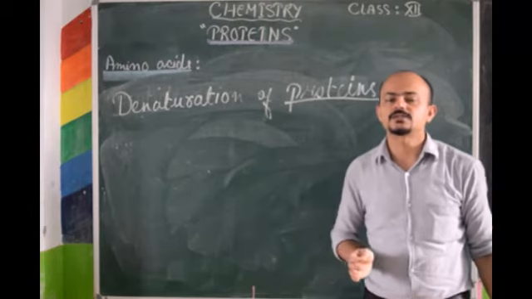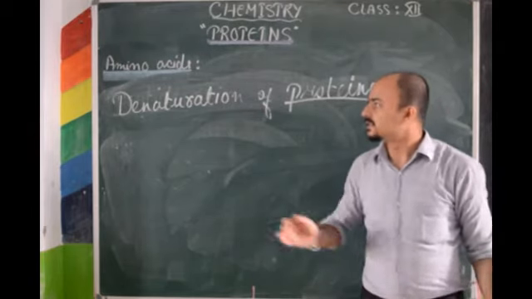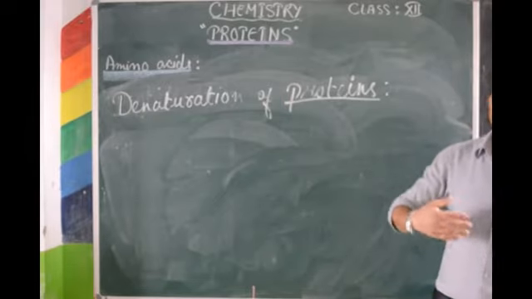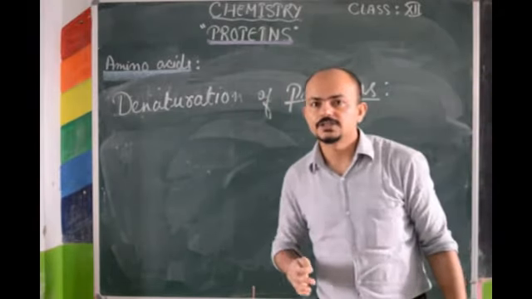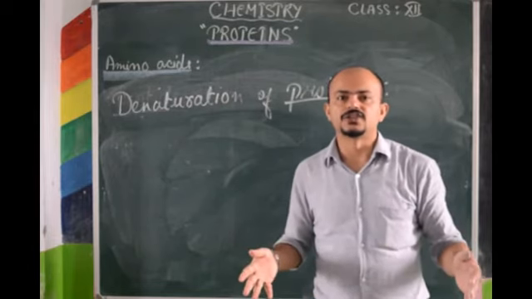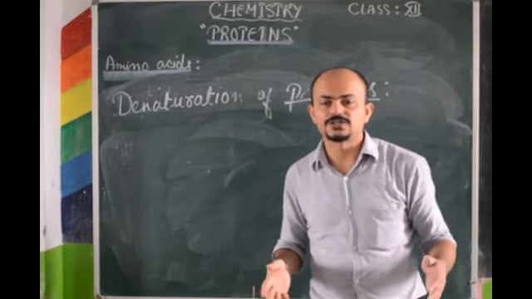That is known as denaturation of protein. So you are leading to a change in physical and biological properties of protein without changing its chemical composition, and that is known as denaturation of protein.